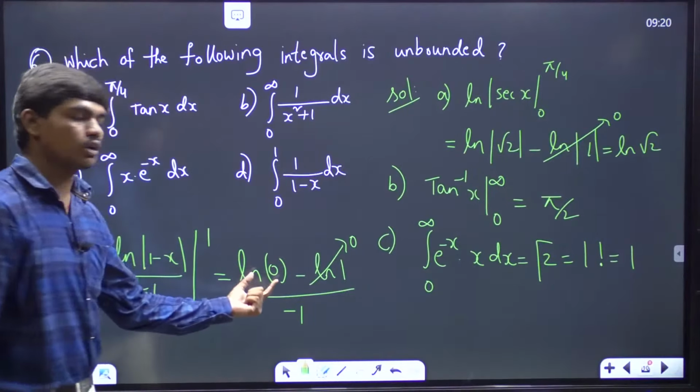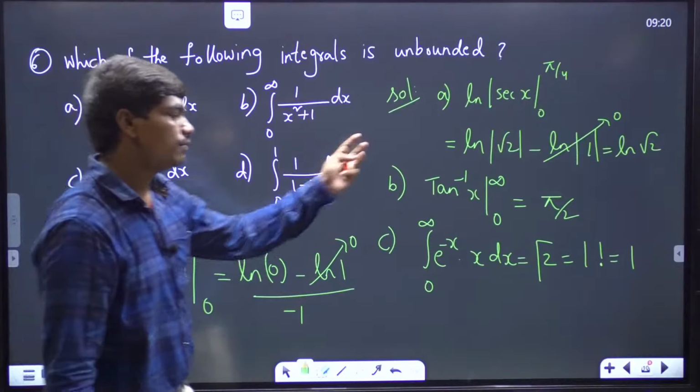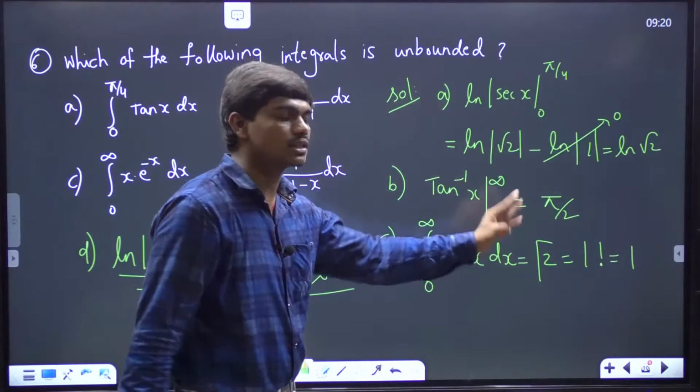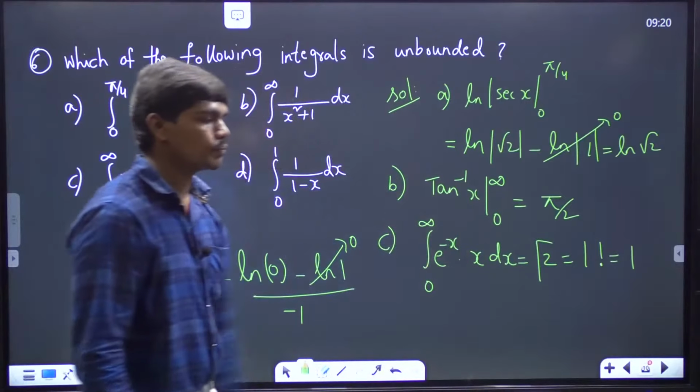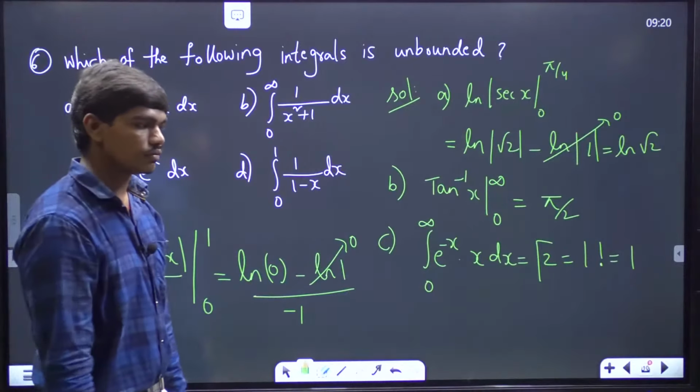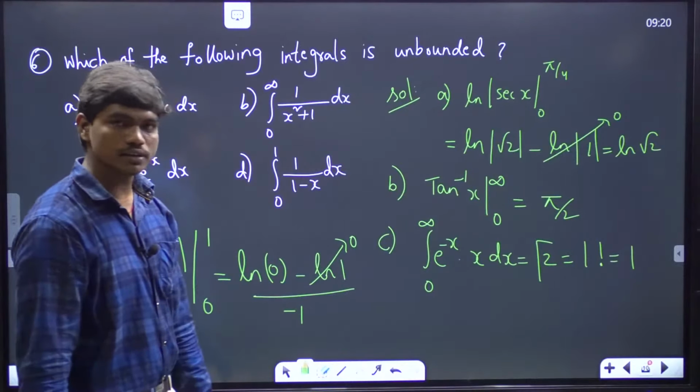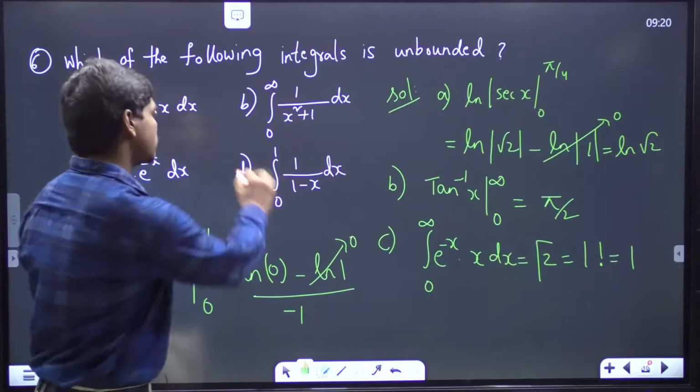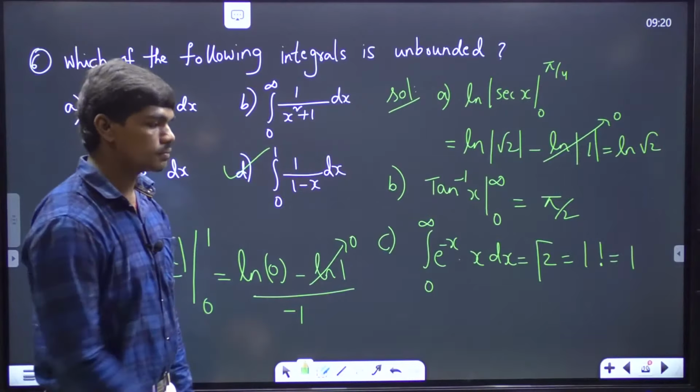Because this log 0 is not finite here, which is not the case for these three options. Correct? Clear so far? Any issues with this question? So option D is not bounded.